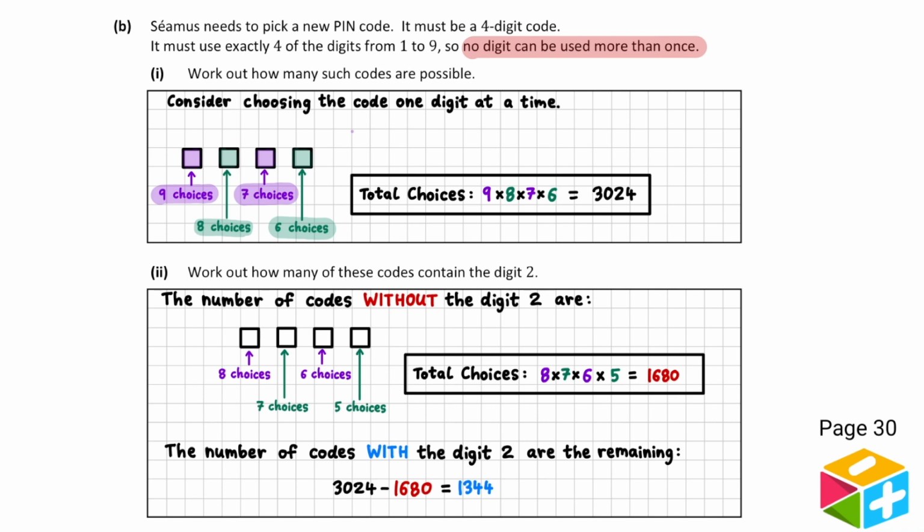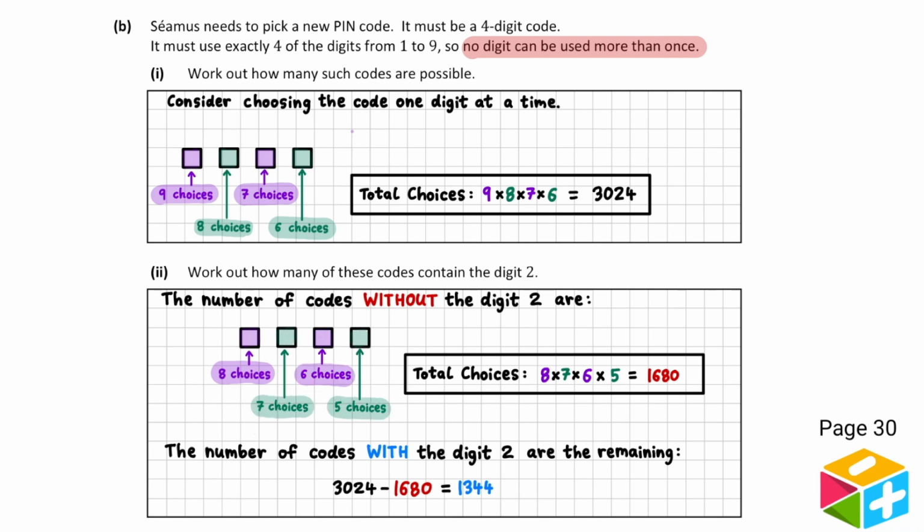Since we don't want to allow the digit 2, we're going to have 8 choices of digit for the first box: 1, 3, 4, 5, 6, 7, 8 and 9. Similar to part 1, each successive box will have one fewer choice than the previous box.